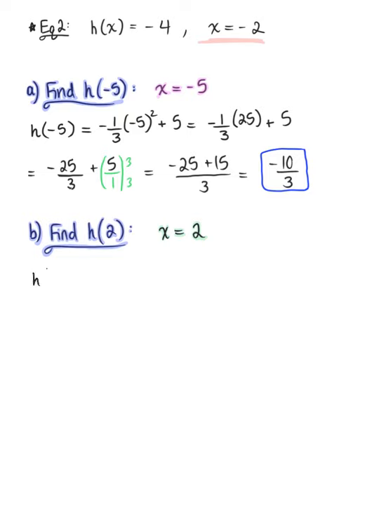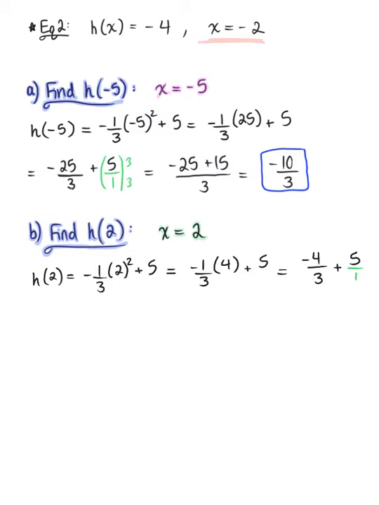So we have h of 2 is equal to negative 1/3 multiplied by 2 squared plus 5. So we have minus 1/3. 2 squared leaves us with 4, plus 5. And again, let's rewrite this. So we have negative 4/3 plus 5. And in order to combine these two numbers together, we need a common denominator.